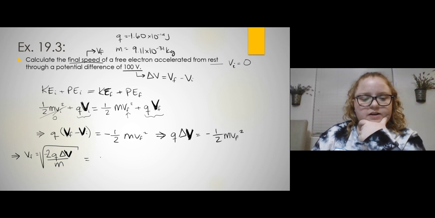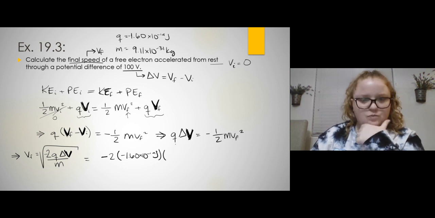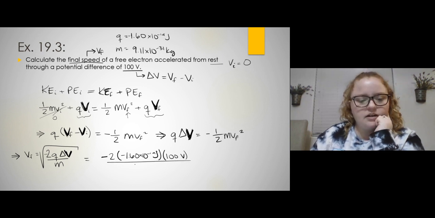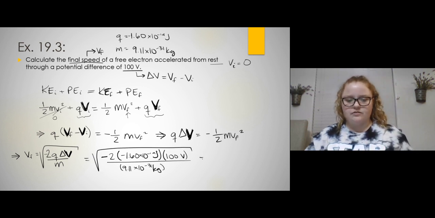All right, so let's go ahead and start plugging stuff in. We have negative 2 times Q, negative 1.6 times 10 to the negative 19th, times delta V, which is 100 volts, divided by our mass of 9.11 times 10 to the negative 31st kilograms, and all of that in a square root.